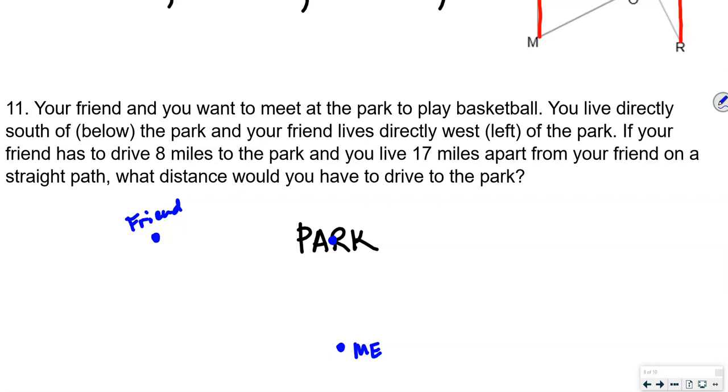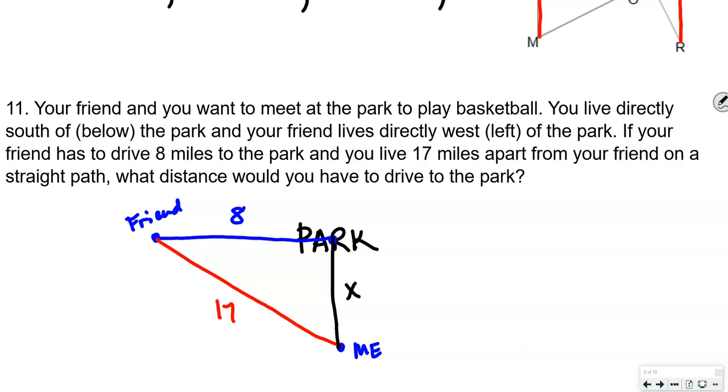It says, if your friend has to drive 8 miles to the park. So my friend is going 8 miles to the park. Y'all see that? And you live 17 miles from your friend, okay? So there's my 17. It says, what distance would you have to drive to the park? So it's actually asking us to find this right here, right?